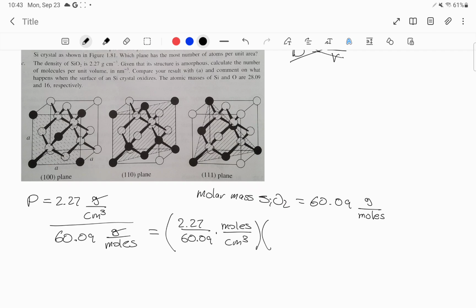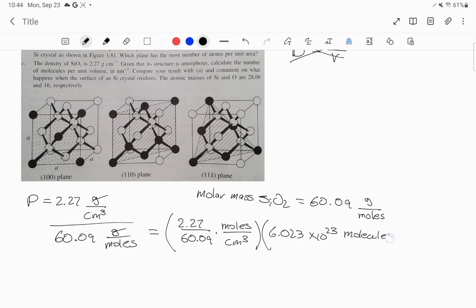Now we want to go from moles to molecules because we want to find out the number of molecules per unit volume in cubic nanometers. We'll get to that. But we want our moles to cancel out. So using Avogadro's number, which is 6.023 times 10 to the 23. Avogadro's number could be anything. It could be atoms, it could be donuts per mole. In this case, we want to know the molecule.